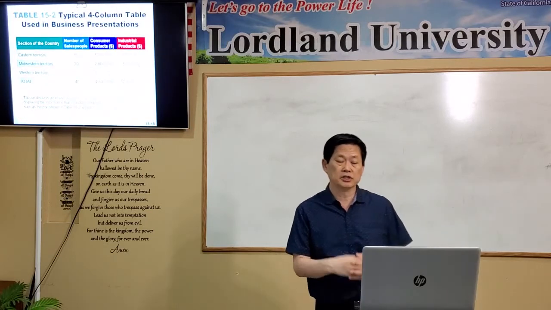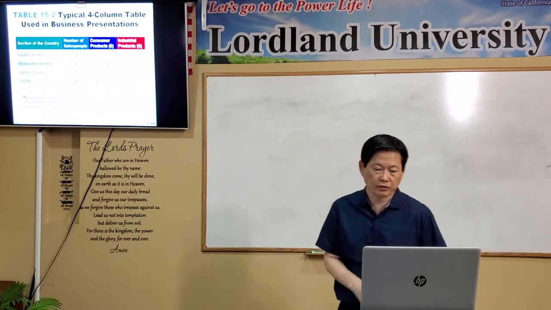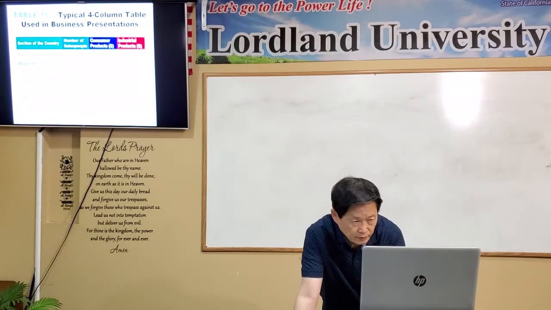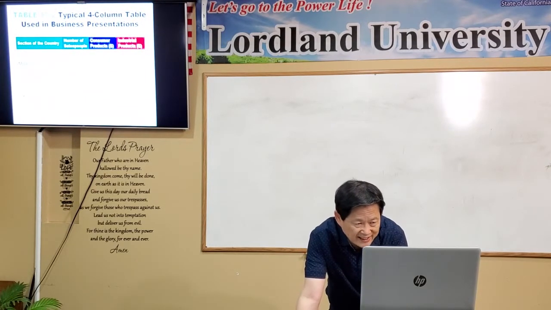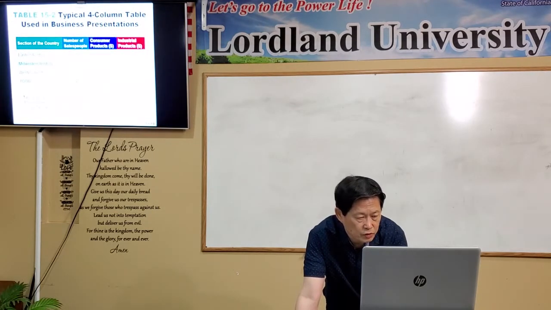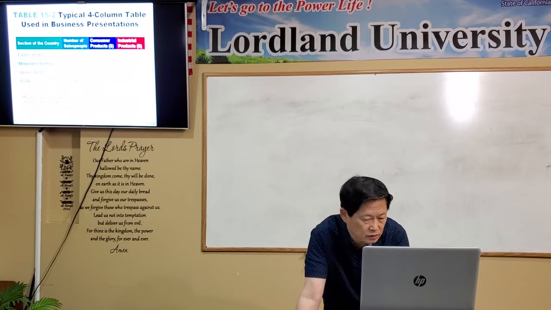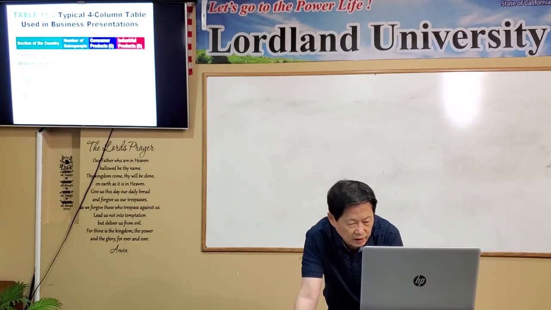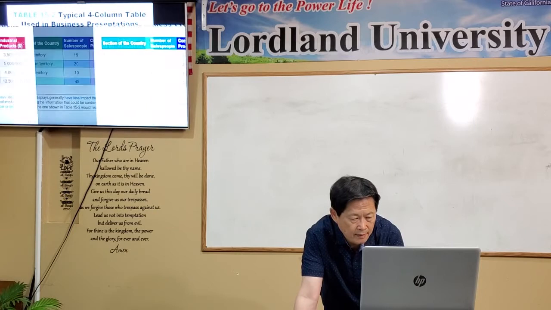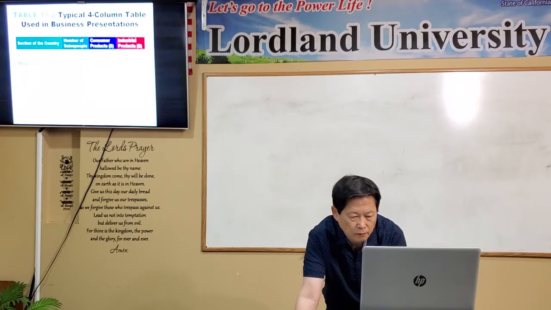Okay, this table shows the typical 4-column table that is used in business presentations. The first column represents the section of the U.S. territory: Eastern Territory, Midwestern Territory, Western Territory, total. The second column represents the number of salespersons. The third column represents consumer products.